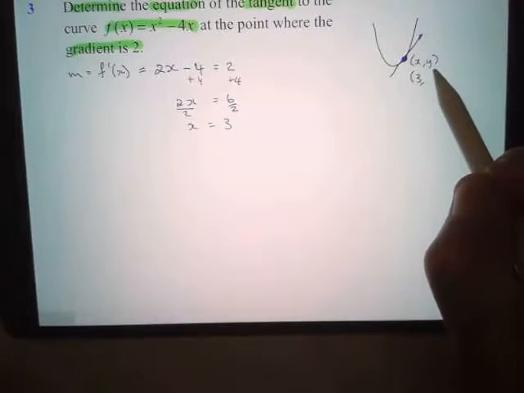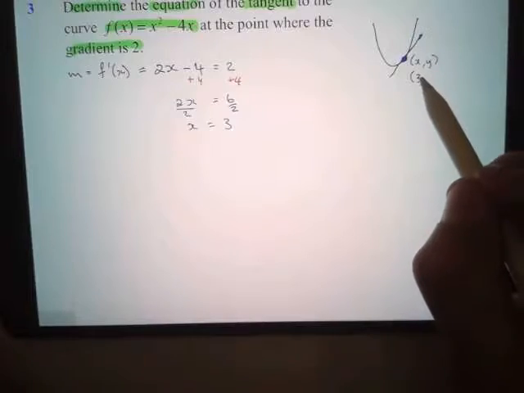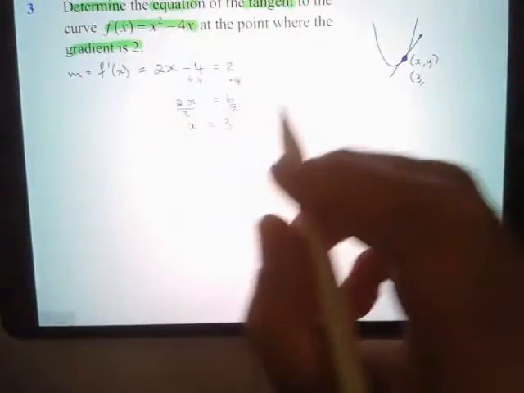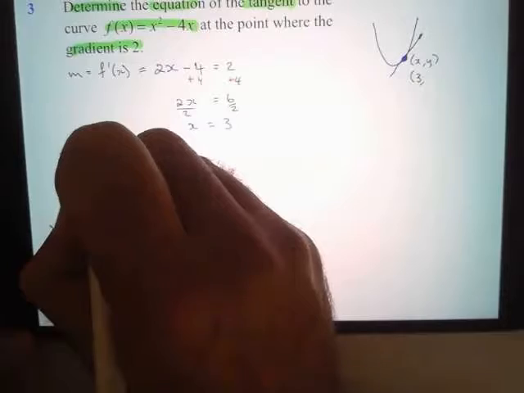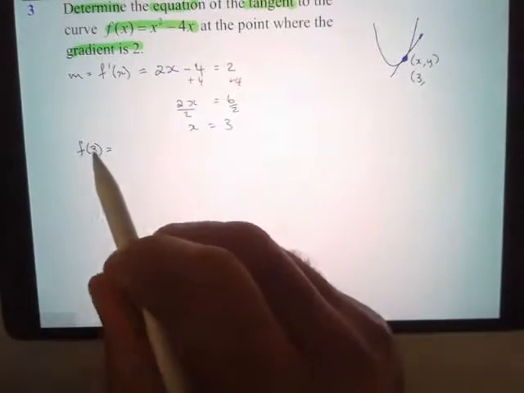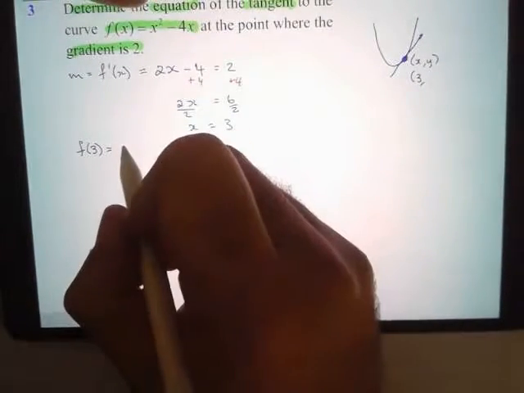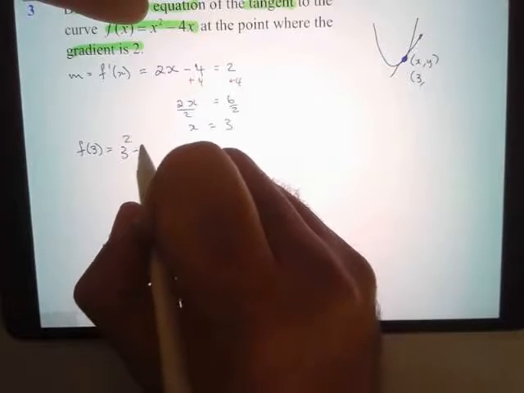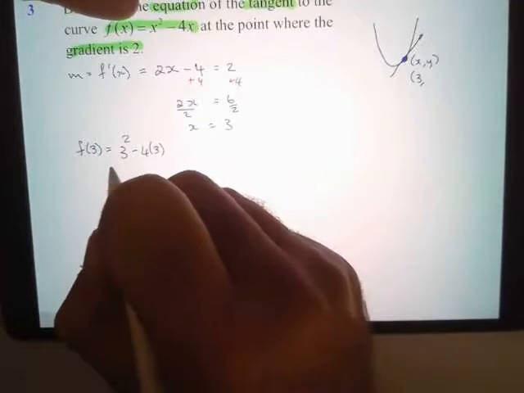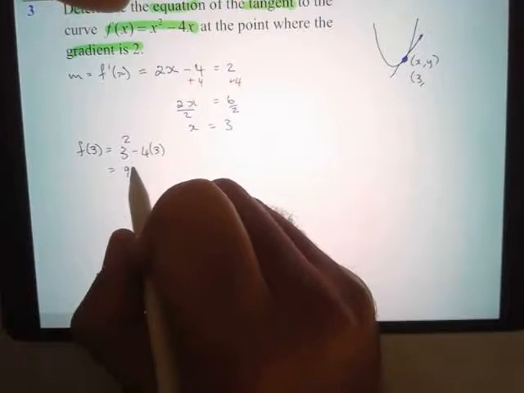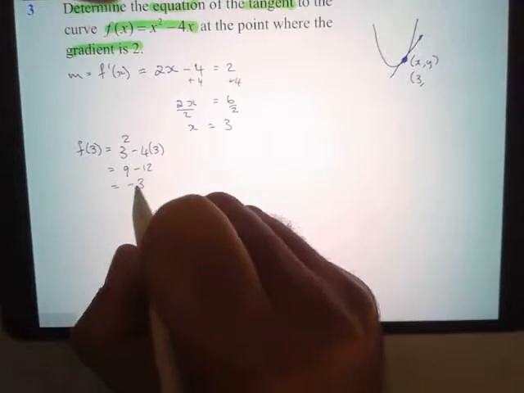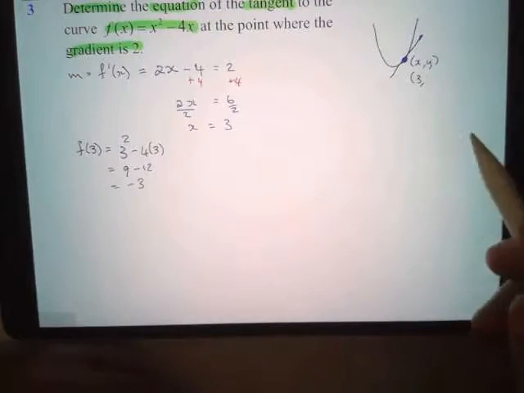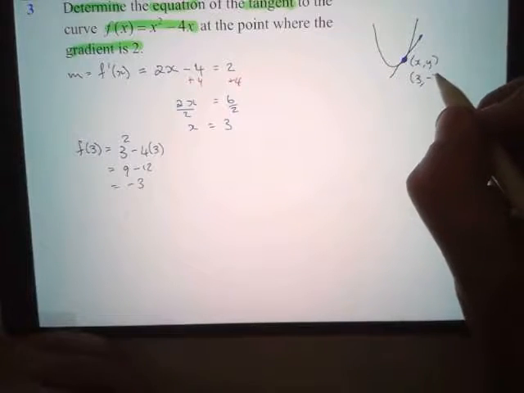To know what is y for that equation, I'm going to substitute this 3 back into this equation. So I'm going to say f(3) equals 3 squared minus 4 times 3. And that equals 9. 9 take away 12 equals negative 3. So that point there is (3, negative 3).